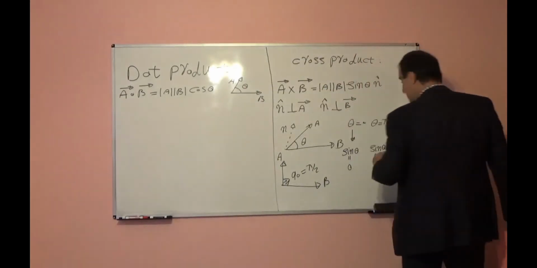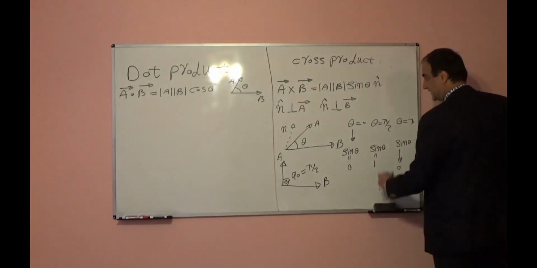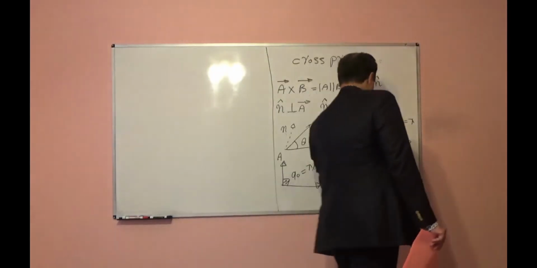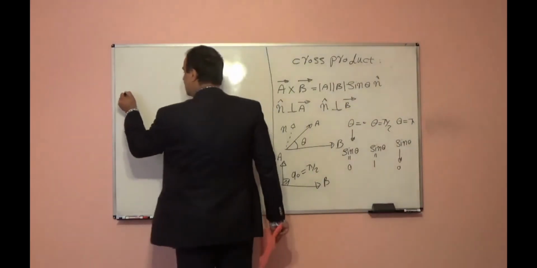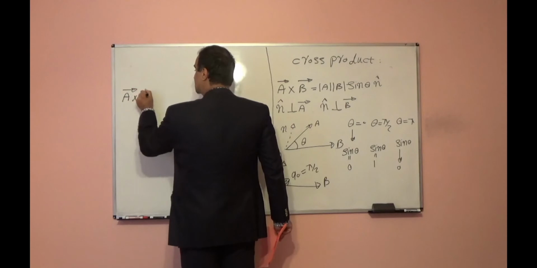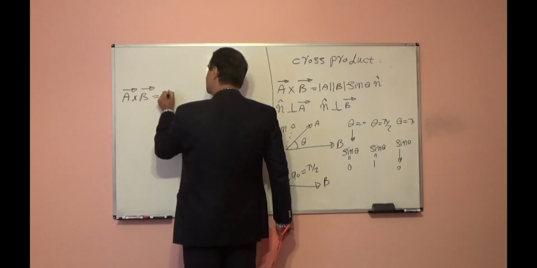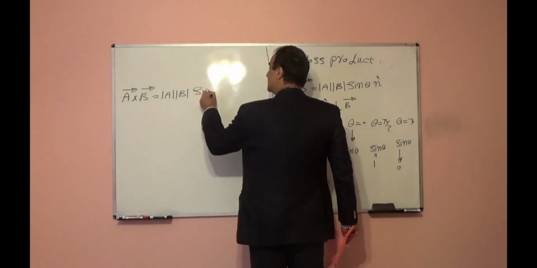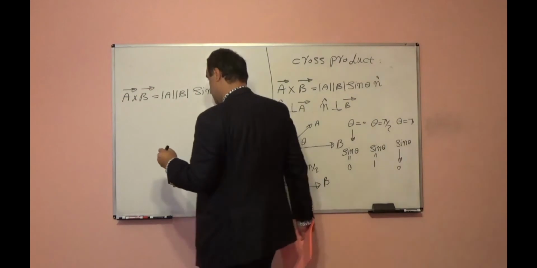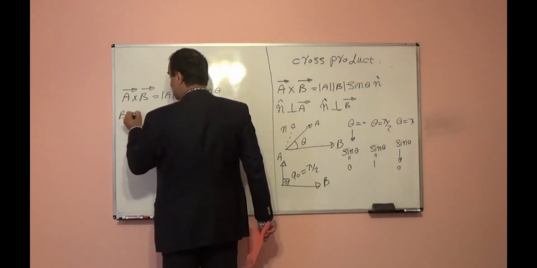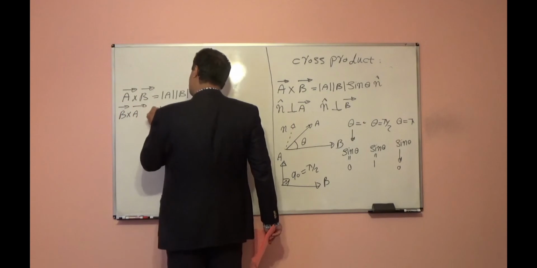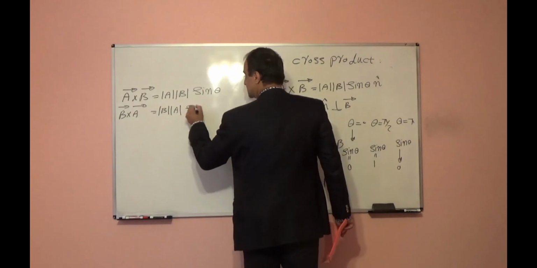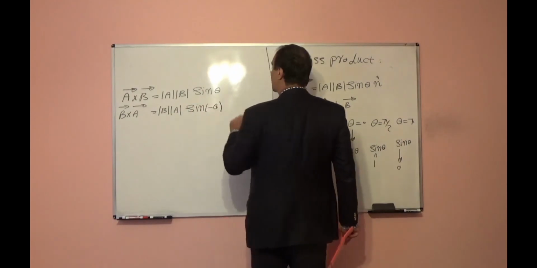From here, you can understand another important property. Let's look at this definition one more time. We define A cross B is equal to magnitude A times magnitude B times sine theta between A and B. B cross A will be magnitude of B times magnitude of A times sine of negative theta.